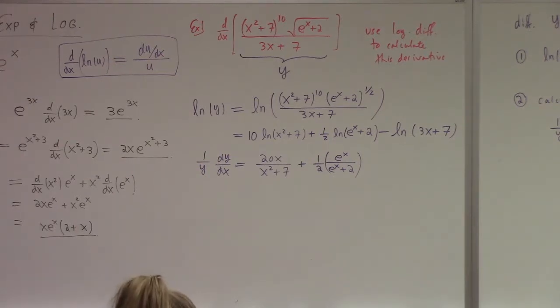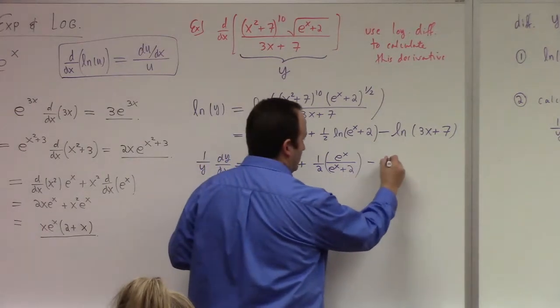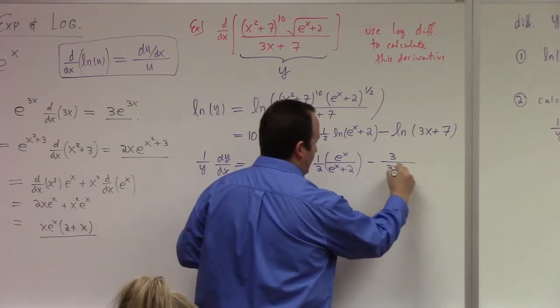One more term. What do we got for the last one? Yeah, minus 3 over 3x plus 7, right?